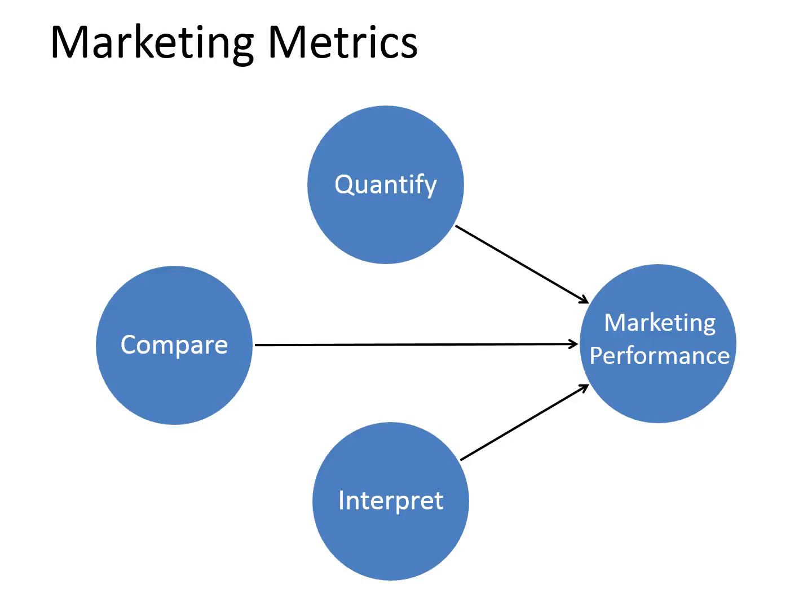And all of this information in fact helps you to better analyze, compare, and reflect on the data. That's why we say that marketing metrics enable marketers to interpret information. So what you have to remember, we have three variables: quantify, compare, and interpret. These are possible with the help of marketing metrics to use these variables to find marketing performance.